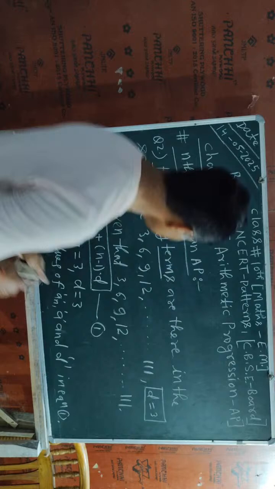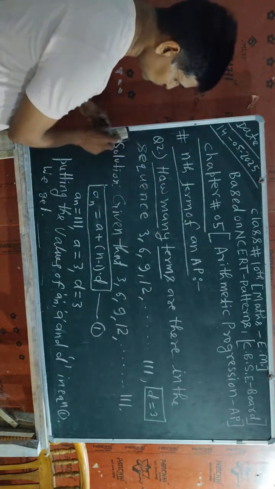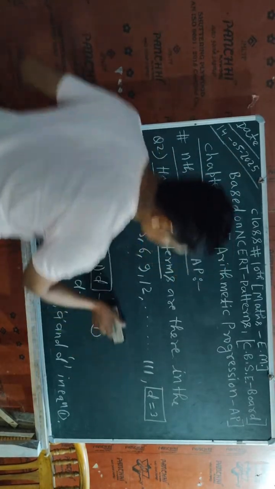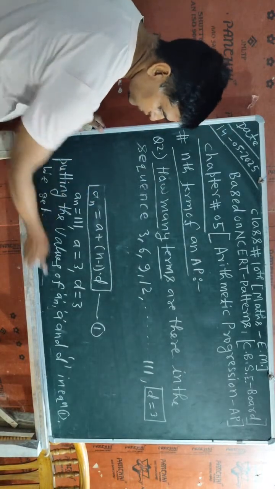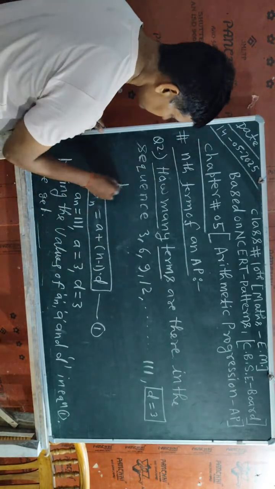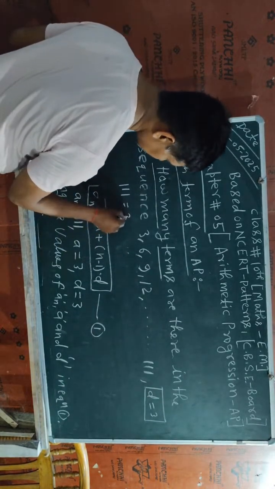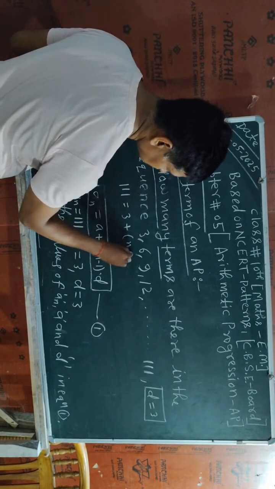Okay, student. So for the above data I am going to delete because I want to solve the question. So I will put here the value of n which is equal to 101. Now the value of a is written here 3. So I will put here in the bracket I will write here minus 1.